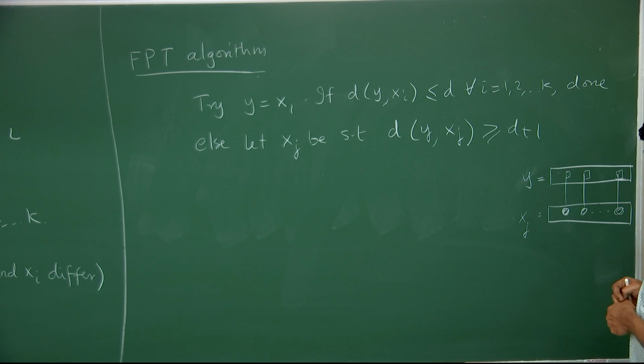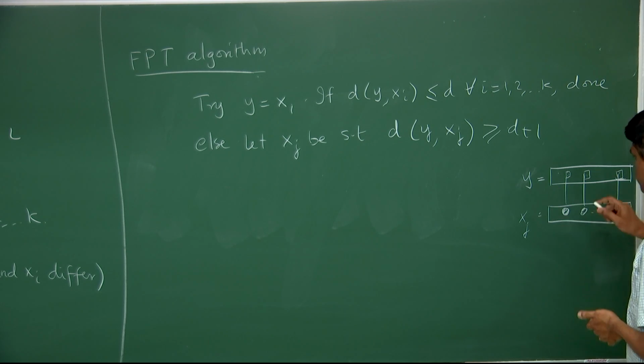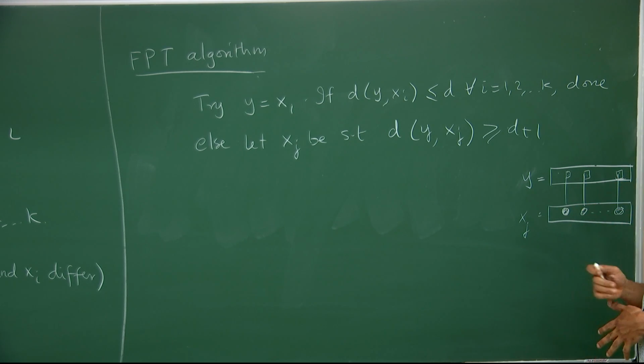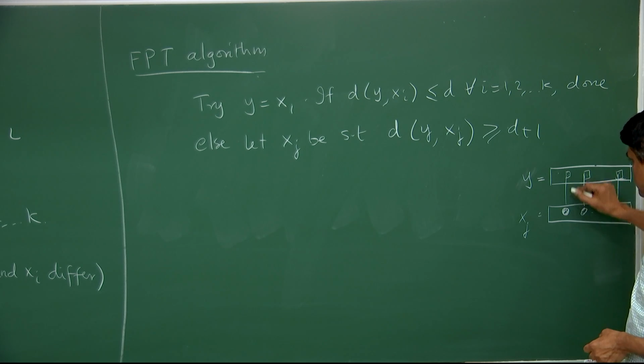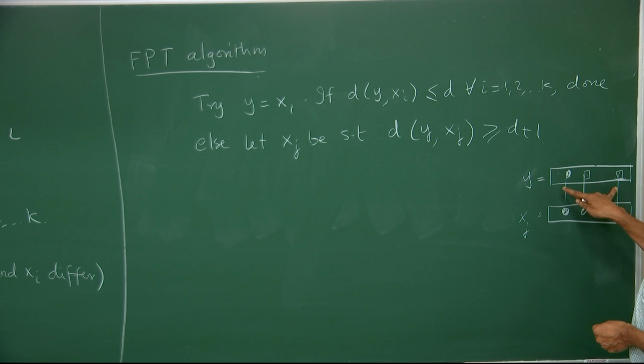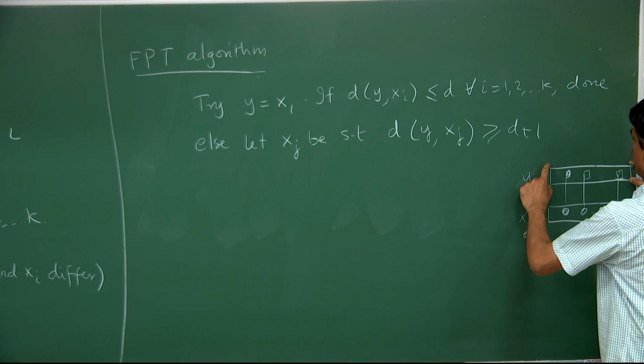So, what I am going to do now is try branching. I am going to solve these d plus 1 many subproblems where I will fix this character to be equal to the character of xj in that position, and I want the solution I am after to be one distance less from this. So, this is sort of my progress string.